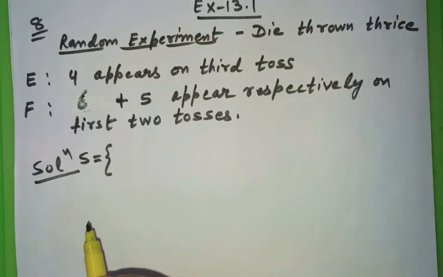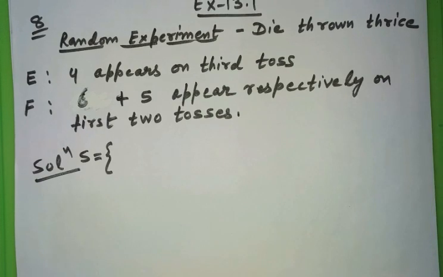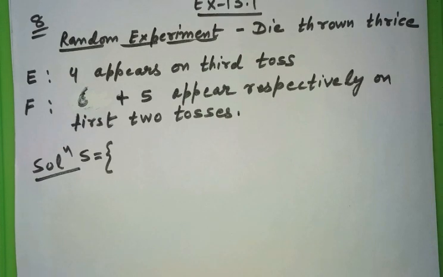Recall the case when you roll the die 2 times. In that case, you remember 1 1, 1 2, 2 1, 6 2, 2 2, 2 6, and till 6 1, 6 2 to 6 6, you have got 36 cases.